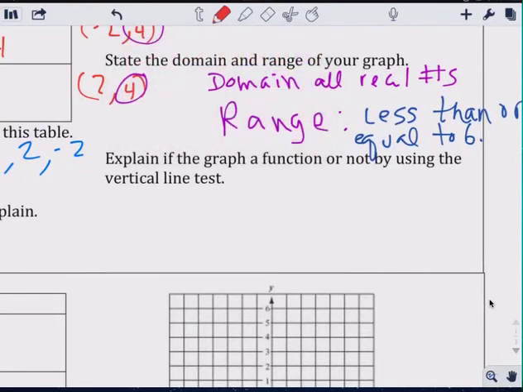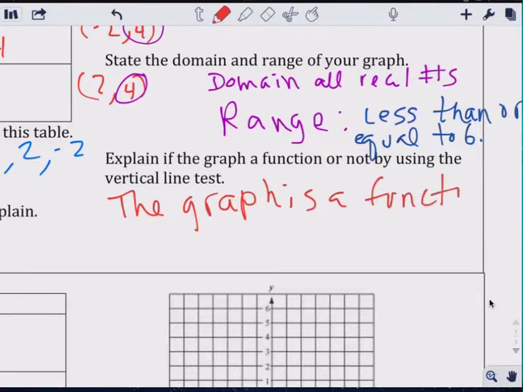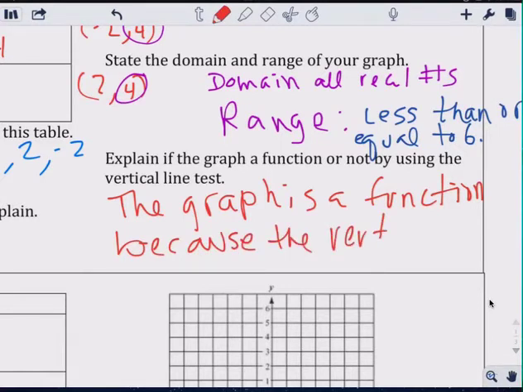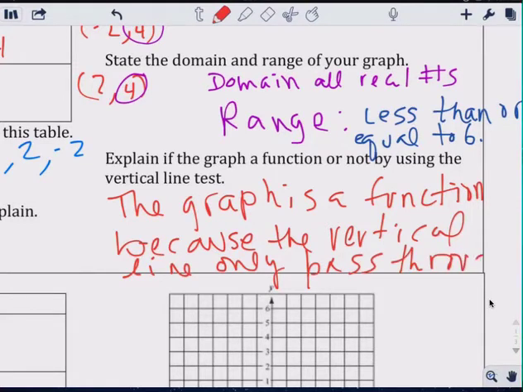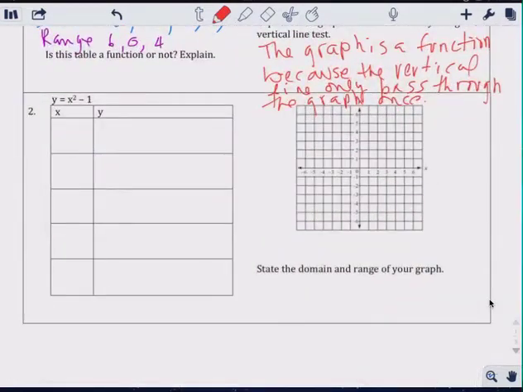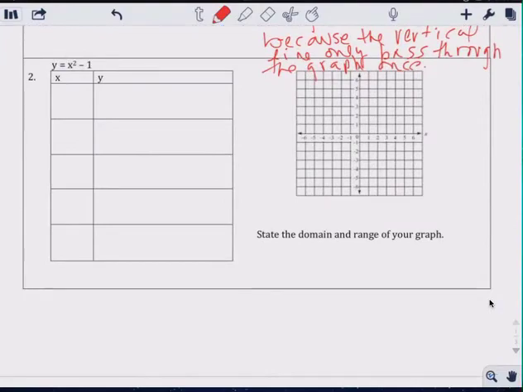The graph is a function because the vertical line only passes through the graph once. Okay? That's that. I'm sorry it's so sloppy, but I'm writing with my hand.